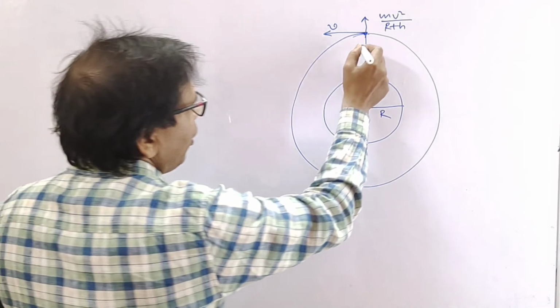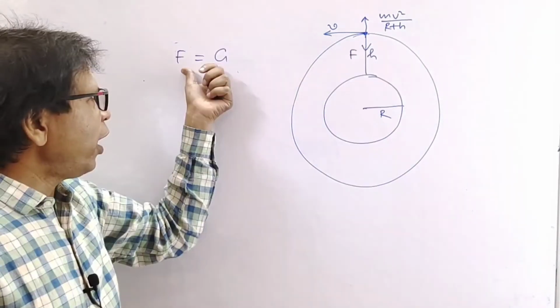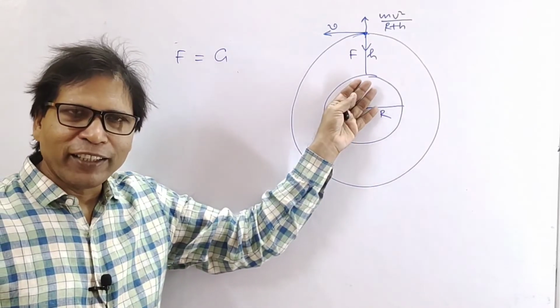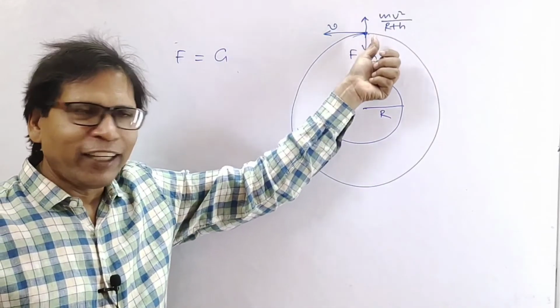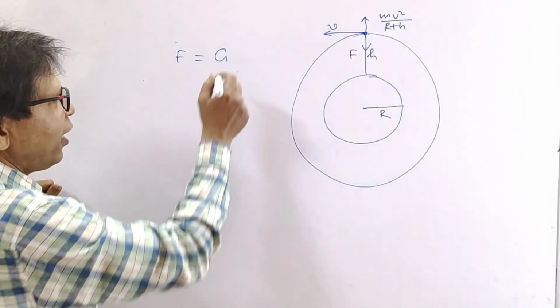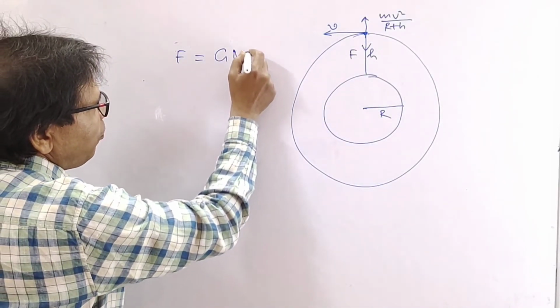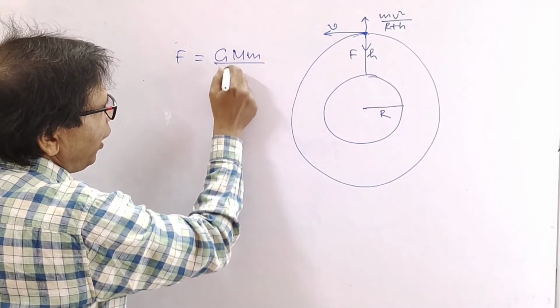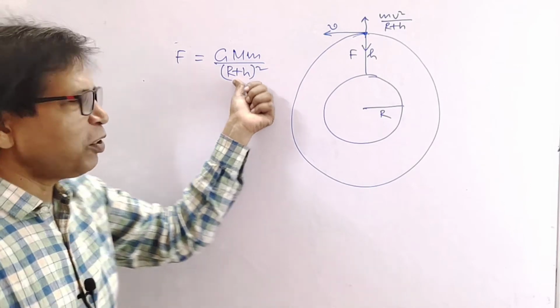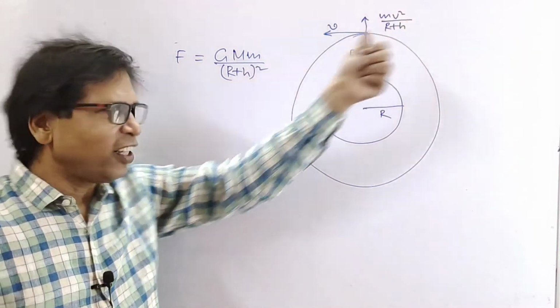Now what is the force of attraction? The force of attraction is G into the mass of the earth, the mass of the satellite, divided by the square of the distance between them. So this is G capital M small m divided by (r plus h) whole square. Okay, now this force is equal to this force.